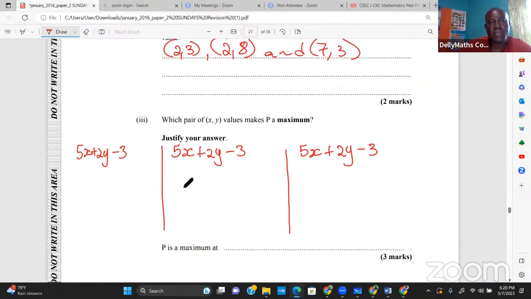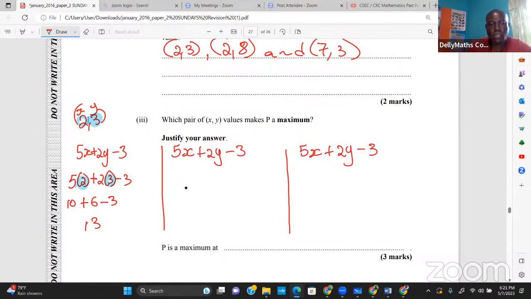All right, here are the vertices. We're going to try (2, 3) there. This is x, this is y. So 5 times 2 plus 2 times 3, picking my coordinates x, y. Then we take 3 from it. 10 plus 6 minus 3: 16 minus 3 is 13.